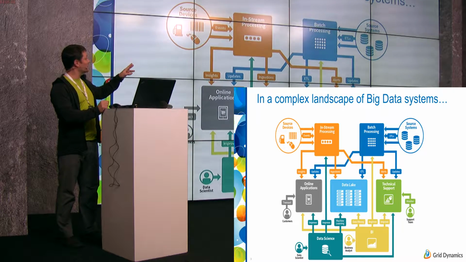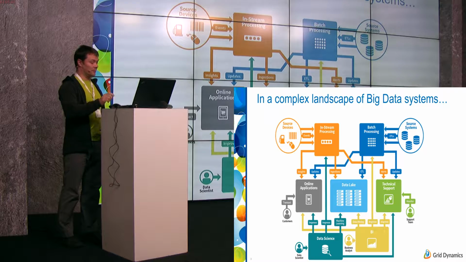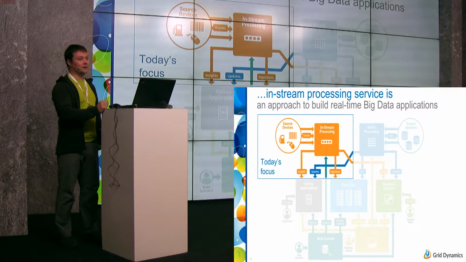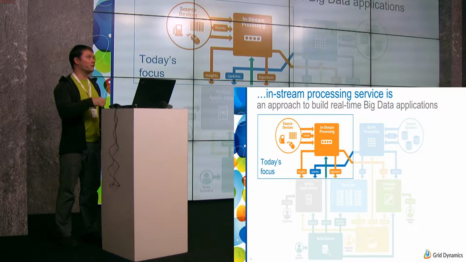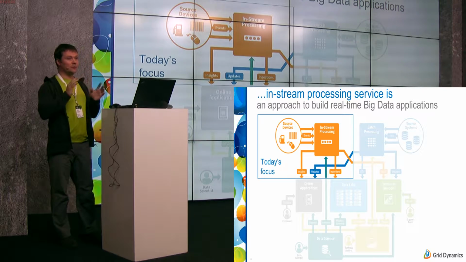There are two components that do the processing: batch processing, which has been around for many years, and in-stream processing, which is now production mature, and several years ago became industrial mature.